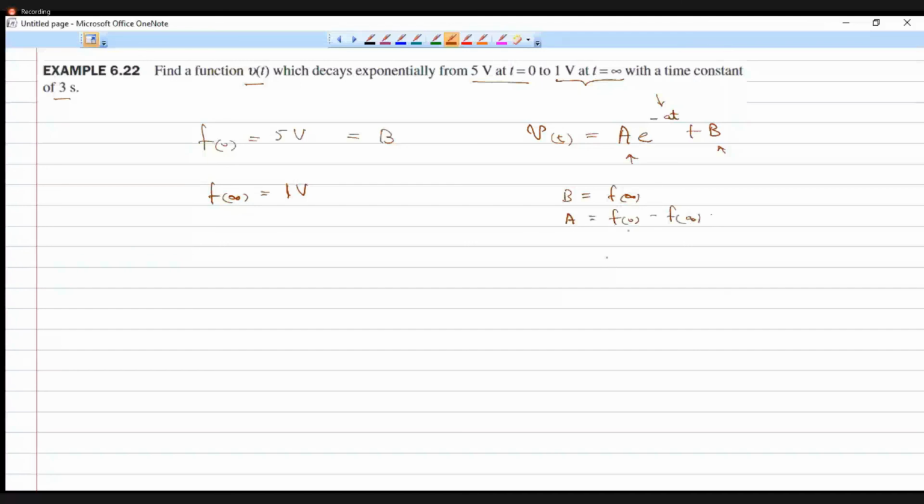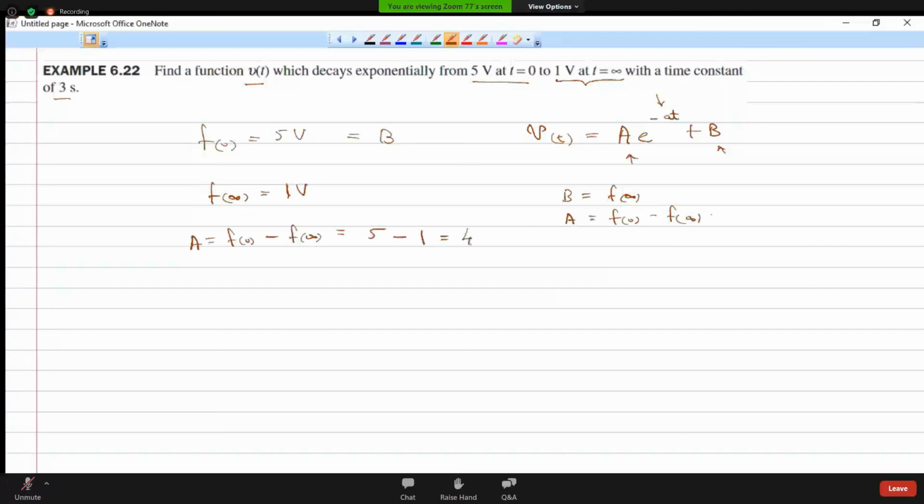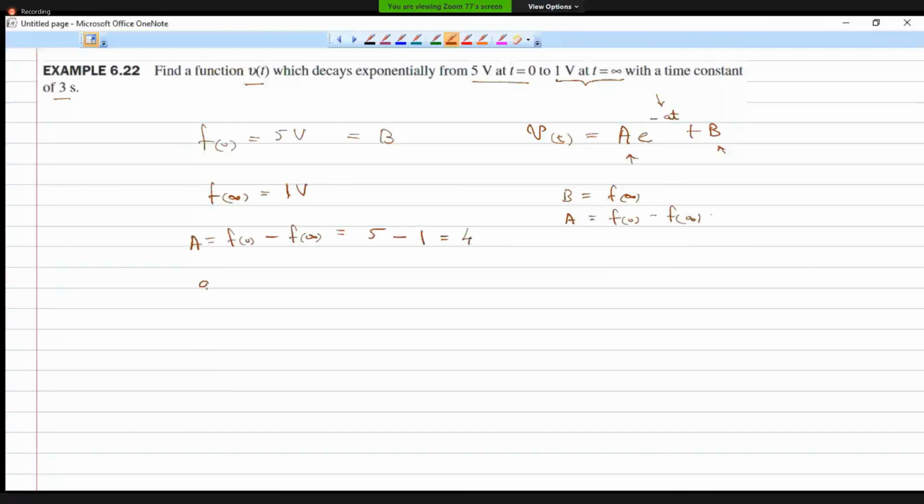So what is our a? a is equal to f0 minus f infinity. f of 0 is 5 volt minus f infinity, which is 1, that is equal to 4. And what is the time constant? Time constant tau is 3 seconds, right? So small a is equal to 1 by the time constant, that is 1 by 3.